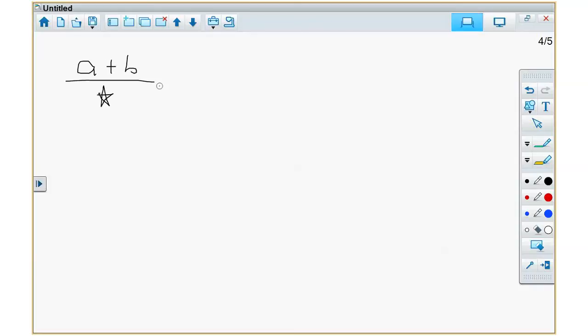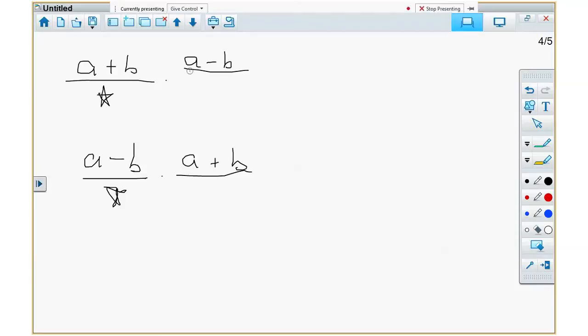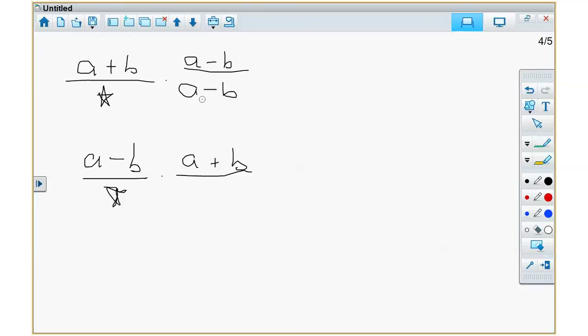You use the conjugate. And the conjugate of a plus b is what? A minus b. The conjugate of a minus b over star, whatever, would be a plus b. But you can't just multiply by the top because you got to multiply by a factor of 1 because 1 is the multiplicative identity. 1 doesn't change anything. So what you're doing is multiply the top and the bottom by a minus b.